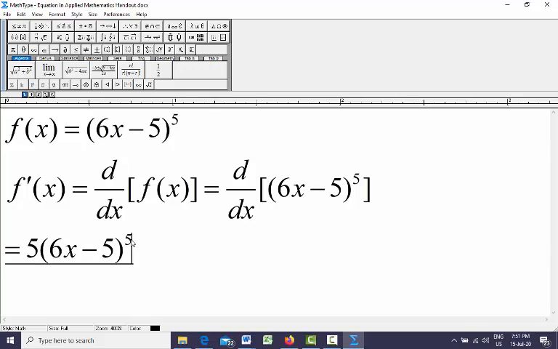And from the power you will deduct 1. So this is the rule of power for differentiation.